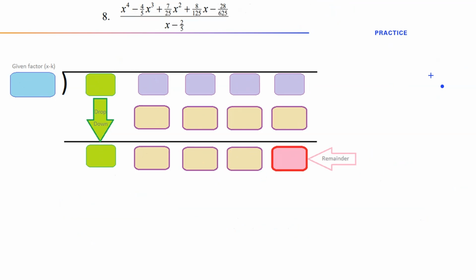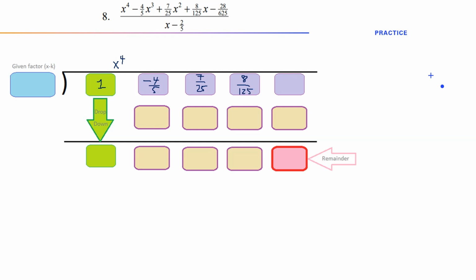All right, number 8. So we start with x to the 4th, right? And the coefficient is 1. The next coefficient for x cubed is -4/5. x squared, 7/25. x, 8/125.